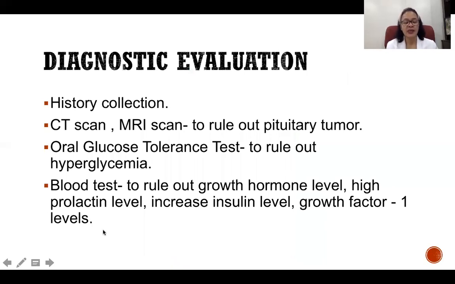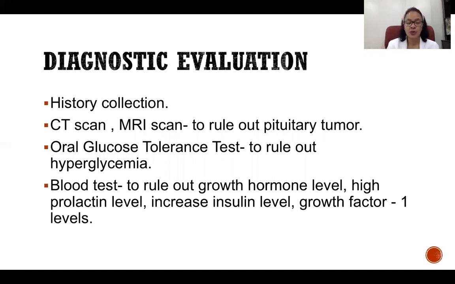So how do we diagnose patients with hyperpituitarism? Definitely you can ask for a history and the development of those clinical features as time goes by. If you want to rule out the presence of a pituitary tumor, you can do either a CT scan or an MRI.